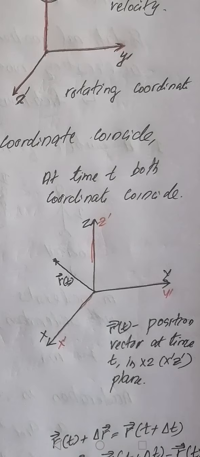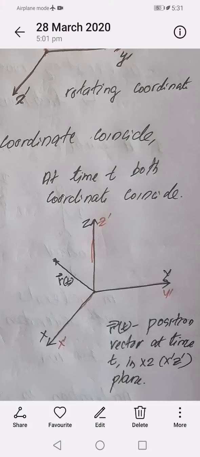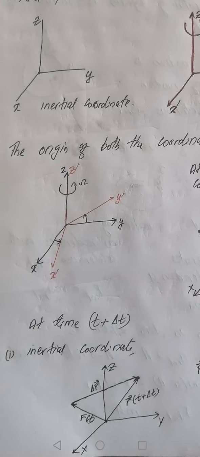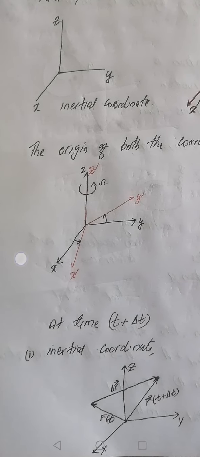So I am measuring the position vector of any particle, r of t. r of t is the position vector in the xz plane for the inertial system, and for the rotating frame it is the x prime z prime coordinate at time t, right? Now I am calculating these things at a later time, that is, time t plus delta t. Delta t is a small variation.